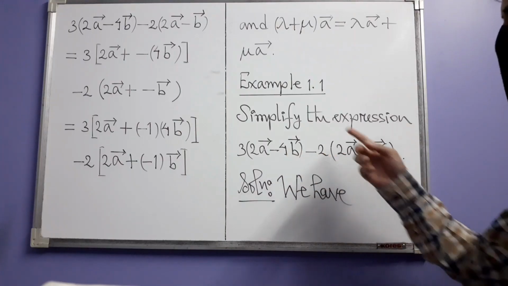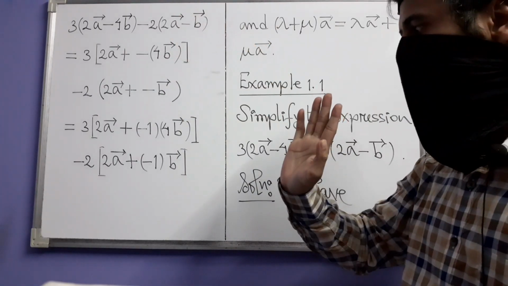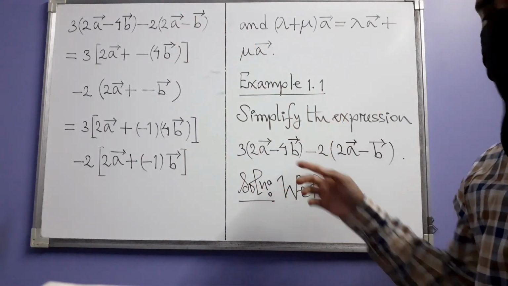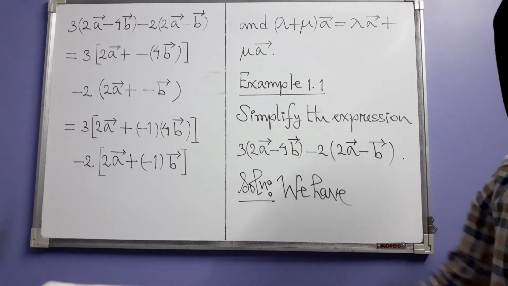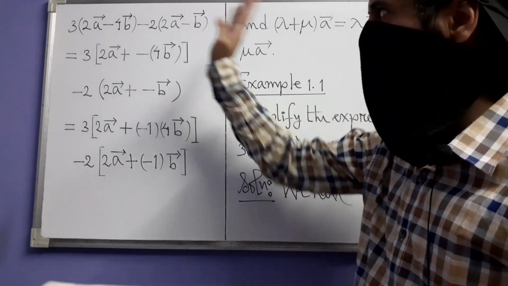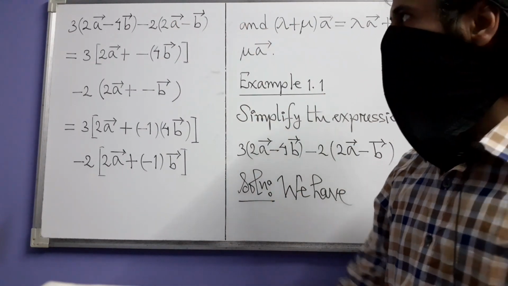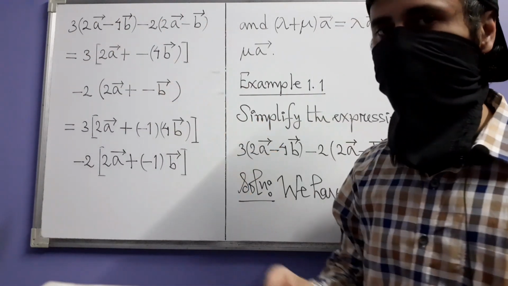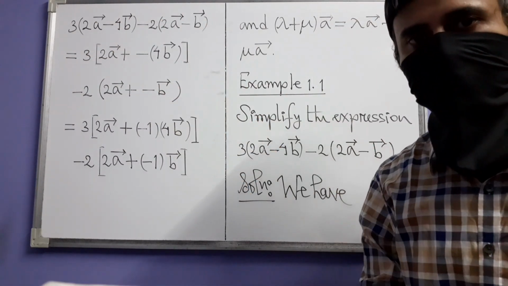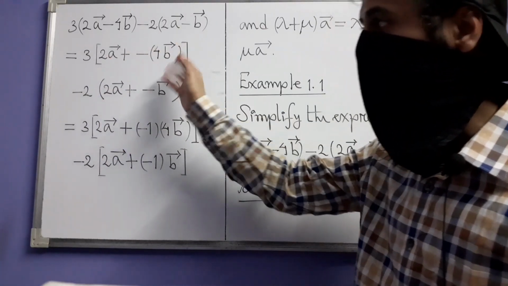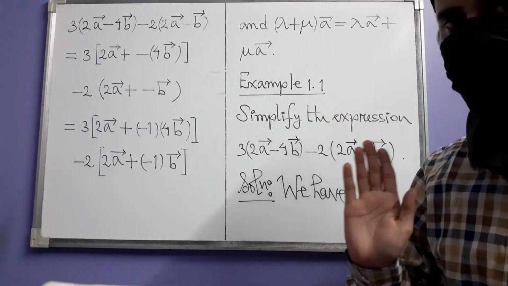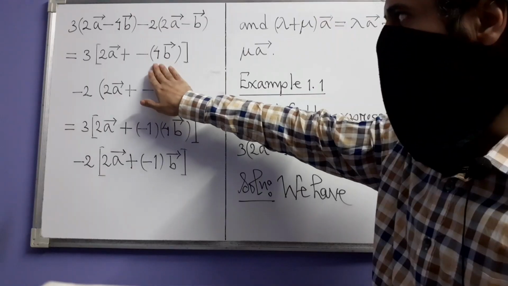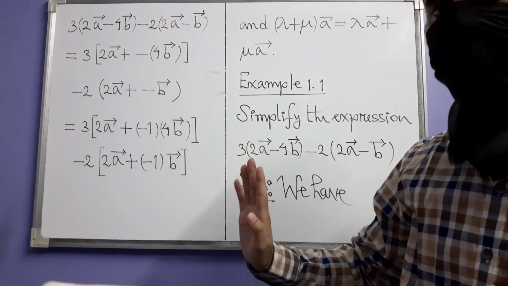So we first take this expression, we write it here. Okay, we write it as a solution, we have this. And then we write what these things really mean. What is 2a minus 4b? 2a minus 4b is the sum of the two vectors 2a and minus 4b. And there also there is a little something.